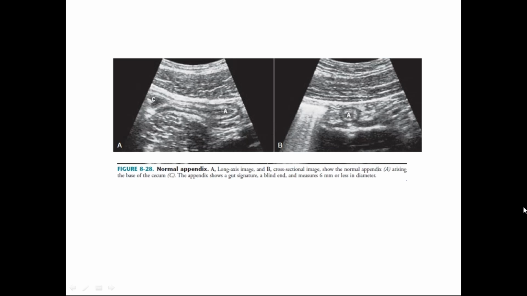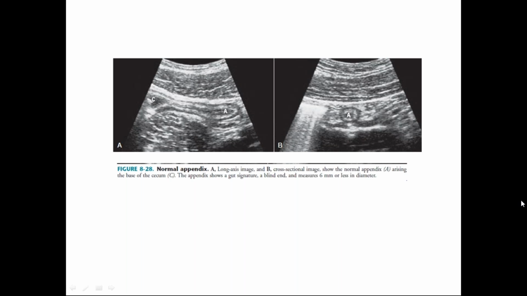And if the clinician has a doubt whether this is appendicitis or any other abdominal pathology, or if the patient did not present acutely and the clinician could not elicit the signs, the clinician usually advises an abdominal ultrasound.